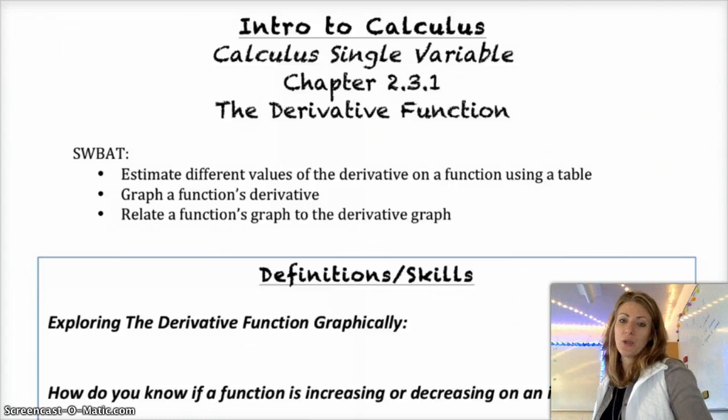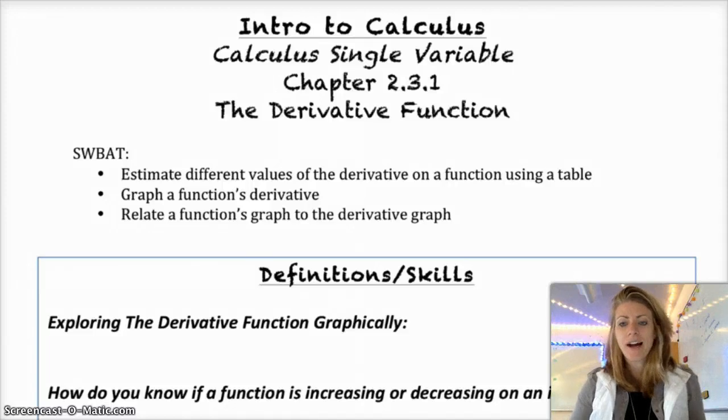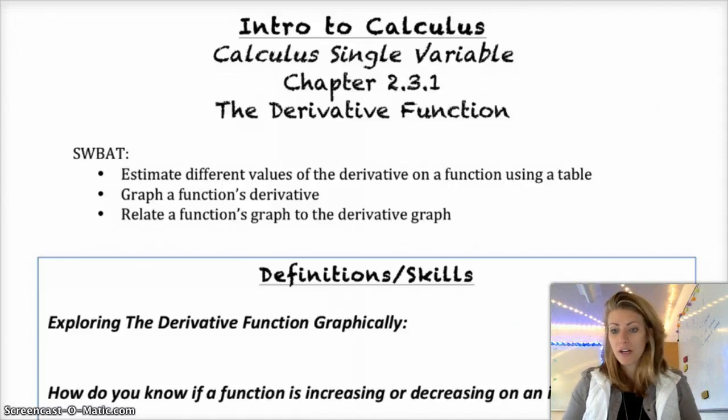We are moving on to section 3 of chapter 2, which is calculus, a single variable. And we are going to be talking about the derivative function. In the last video, 2.2.1, we talked about the derivative at a point on a graph. And so now we're going to expand that for any points on any graph.